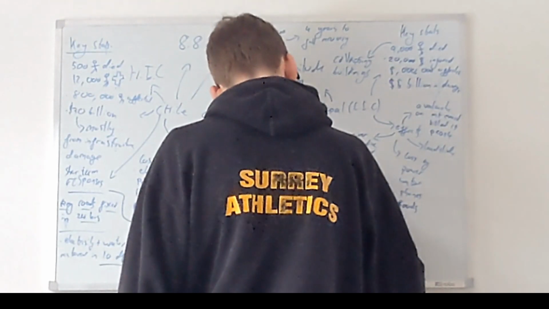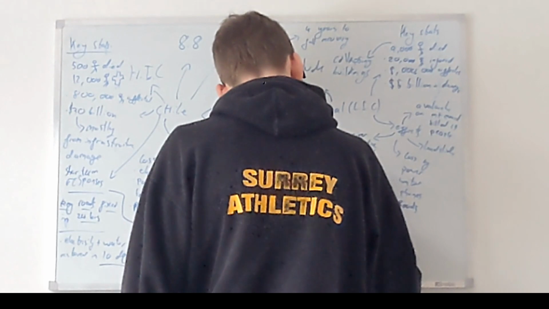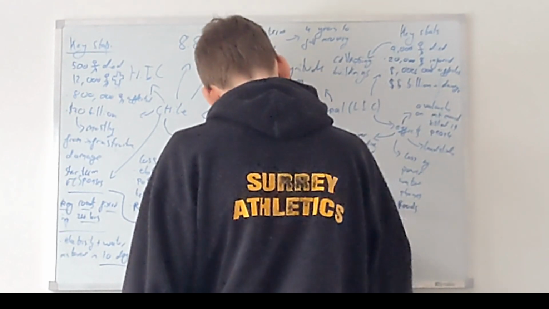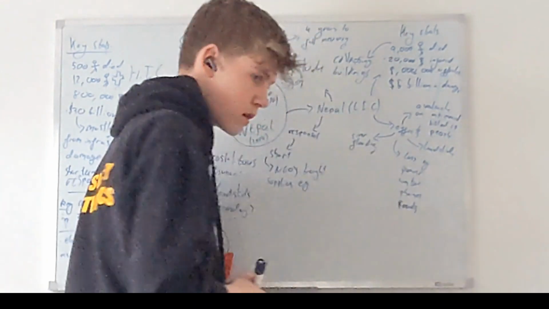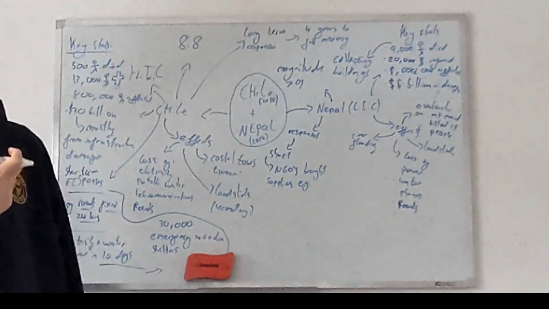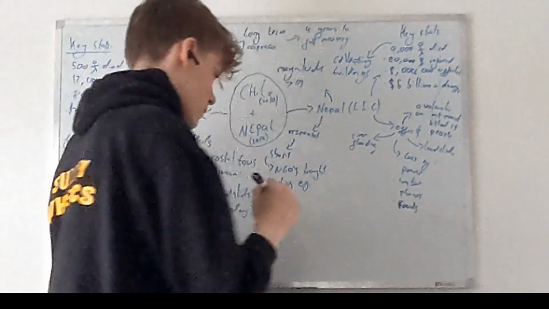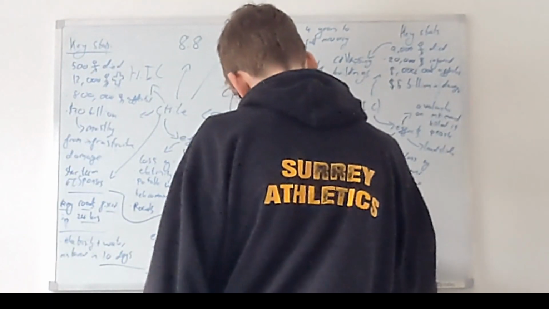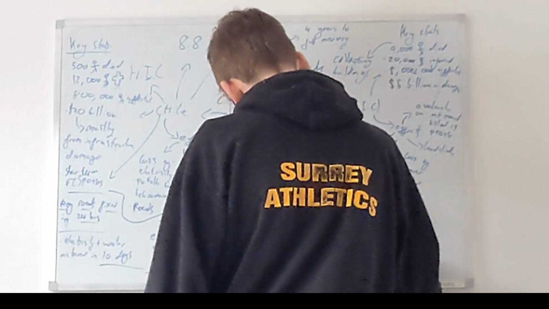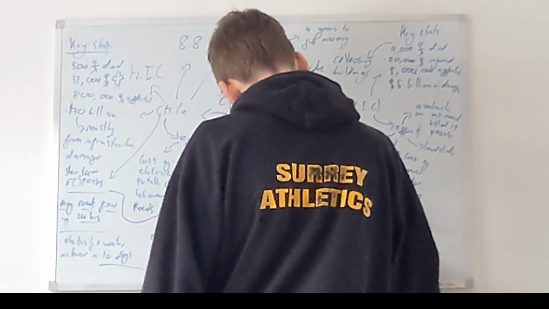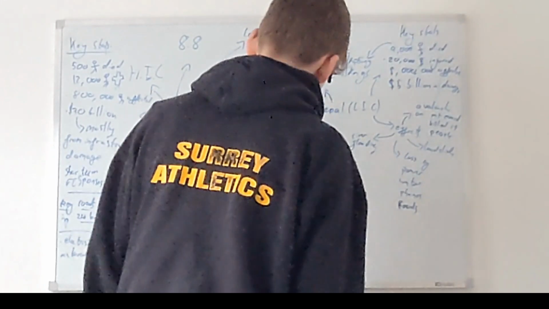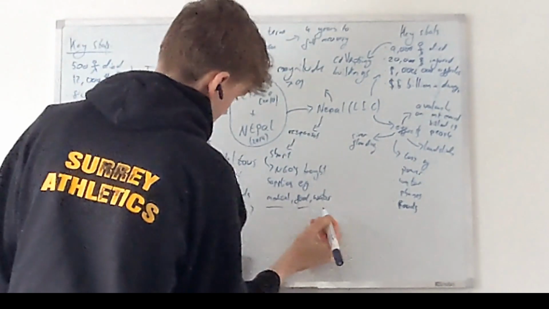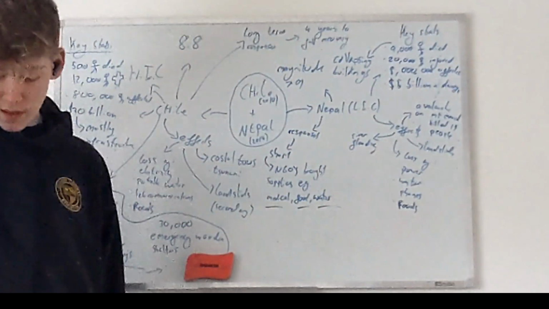NGOs brought supplies, e.g. medical, food, and water. Those are the main three ones. So that's probably quite key to know. Medical, food, and water supplies brought in by NGOs.